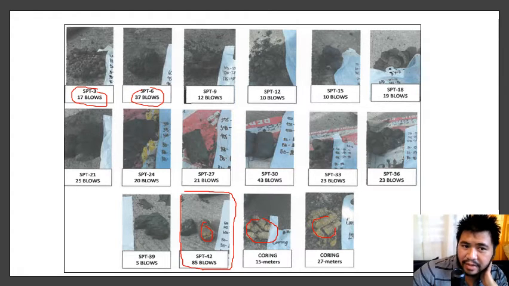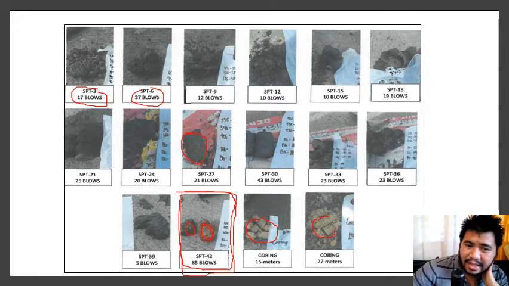And in the other photos here, the dark colored material is your soil. So in here, this is actually the transition area where your soil is just starting to transition into your rock. And in here, you can see that you have actually a very high SPT blow count, 85.